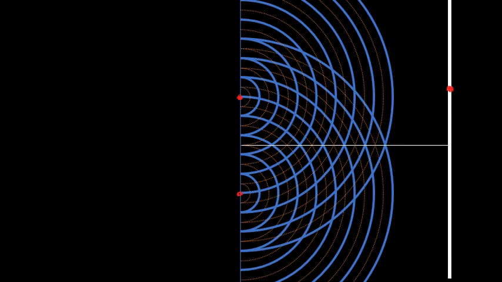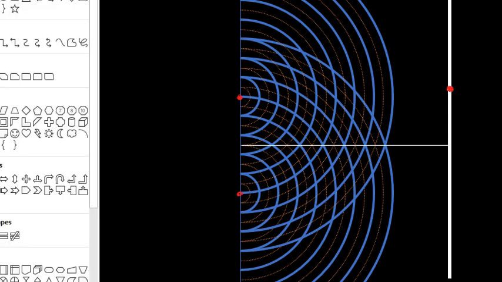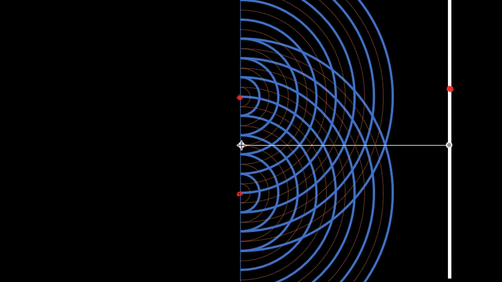Which means I will make a line over here, at this point till this point. Let me change the color of this line so that we don't have any confusion.